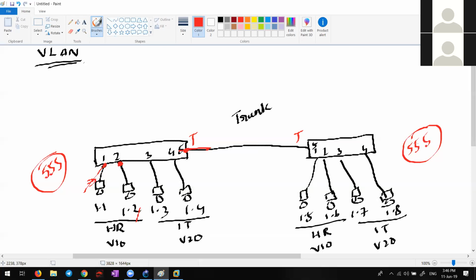Third solution: tag all the VLANs including the native VLAN. Happy? Next topic.